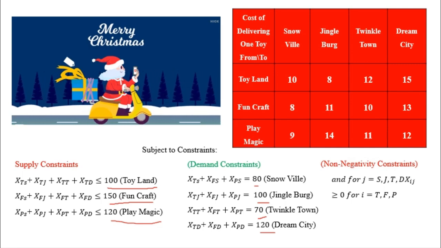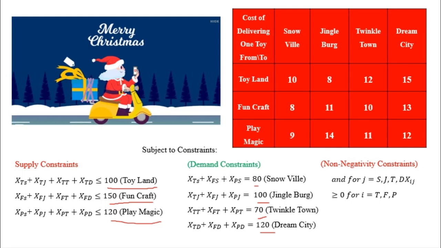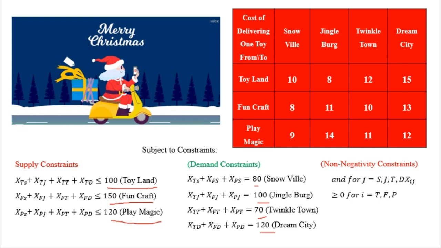What are the quantities of toys that are going to be supplied from Toyland to the four cities? Basically there are three workshops and four cities. So as a distributor, or as a Santa who is going to deliver the toys from the workshops to four different cities, he will think: how many quantities can I take from the Toyland workshop and get delivered to all these four cities?